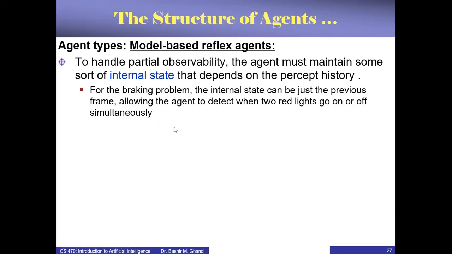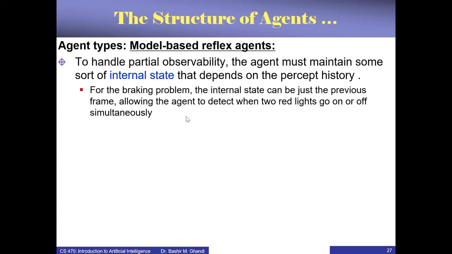So previously, these two lights were off. It maintained that as an internal state. Now the present percept shows that these two lights are on. So obviously there is braking going on in the car in front. So that will now direct the agent to know what to do.